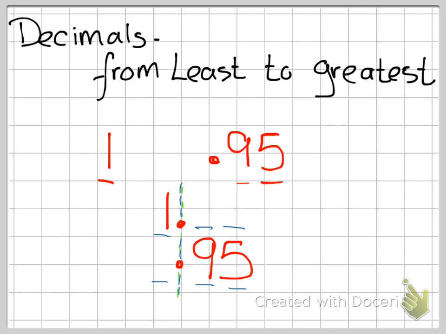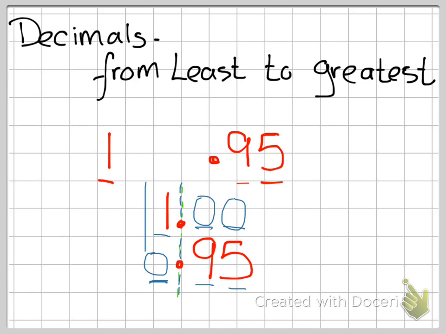And if some of them are empty, just fill them in with zeros, right? This is an empty place value, so we'll fill in with a 0. And same here. In 95 cents, there is no whole dollar. It's not enough money to make a whole dollar. So the ones place, the whole numbers place, is going to be empty, right?